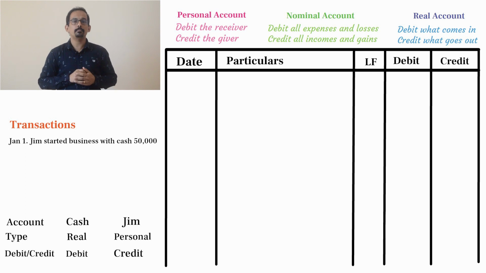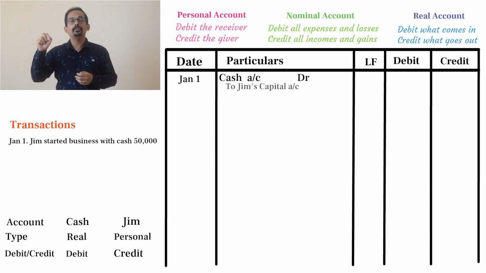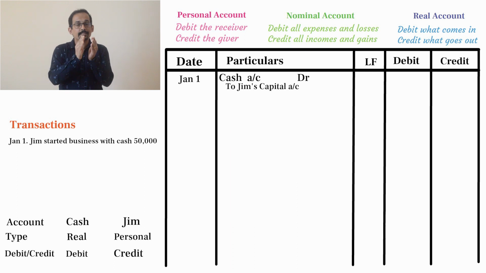First column, date column, January 1. Second, the particulars column. In the particulars column, we'll have to enter the accounts that are debited and credited, along with the narration of the transaction. So here, cash account debit to Jim's capital. Normally for the credit account, we place it a little to the right of the start of the first debit line.